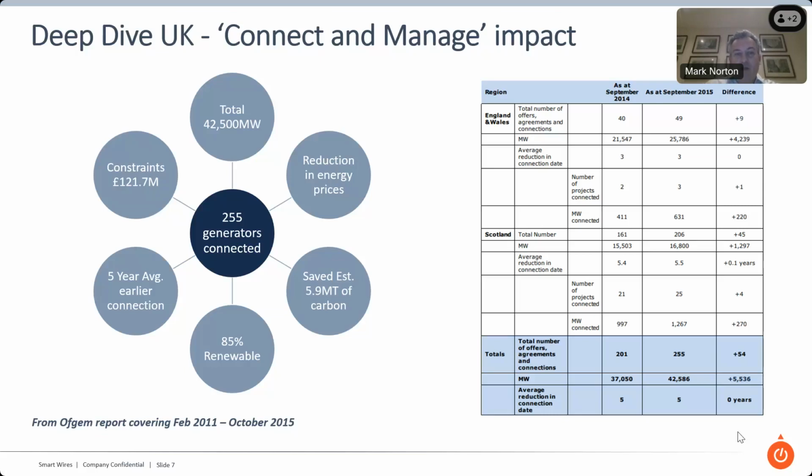There was this want and desire to see the renewable energy penetration rise quite quickly. And the thing that probably is a big number, but in context is actually quite surprising, is the constraint levels at that time. The constraints were rising, but the cost of actually connecting these 255 generators early, this 42.5 gigawatts, was estimated at the time at 121 million pounds.